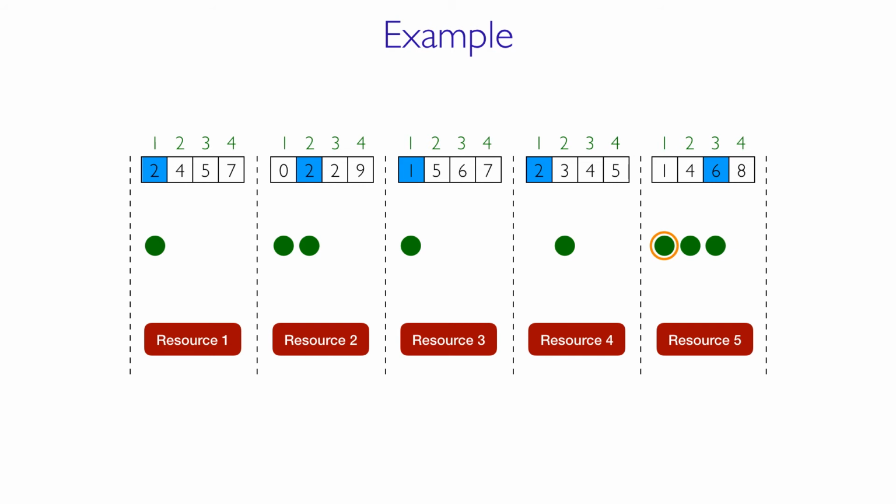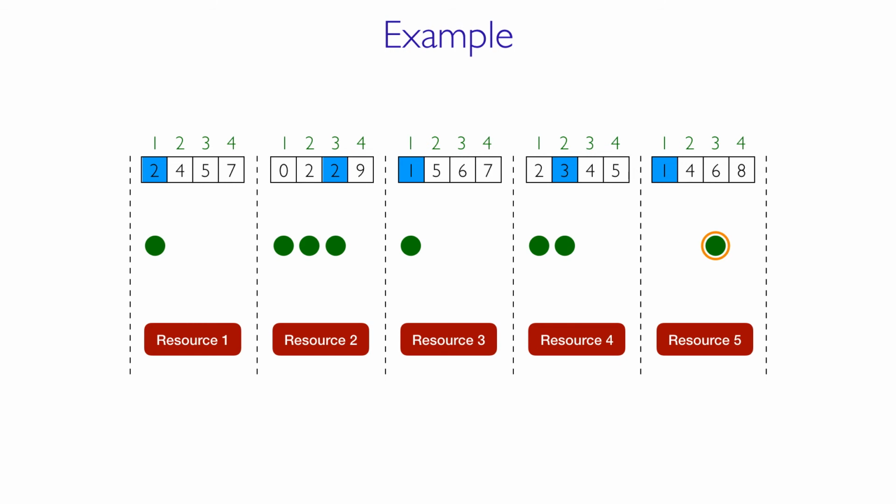The best response of this player is resource 2. Here the switch. Consider this player. The cost is 4. The best response of this player is resource 4. Here the switch. Consider this player. She cannot strictly reduce the cost. And the same happens with all the other players. Thus, we found a Nash equilibrium.